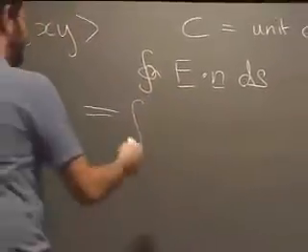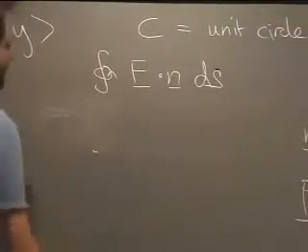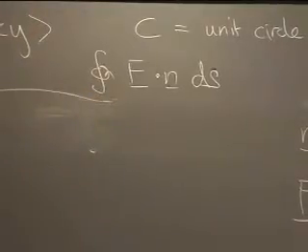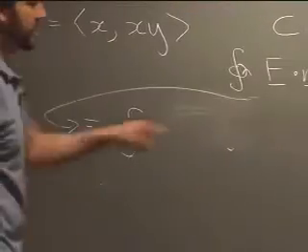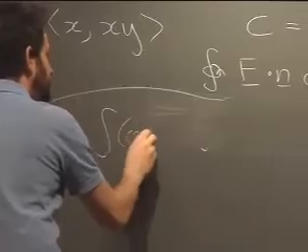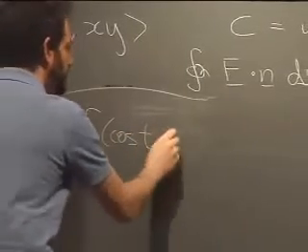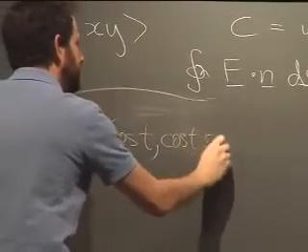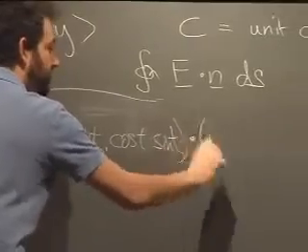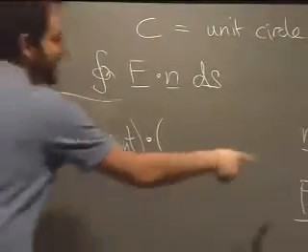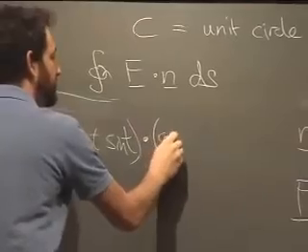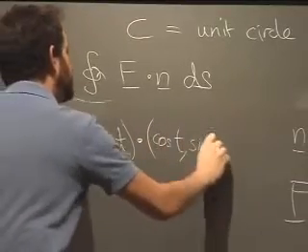F is cosine t, comma, cosine t sine t. And then I have to dot that with n ds, which I computed is cosine t, sine t, dt.